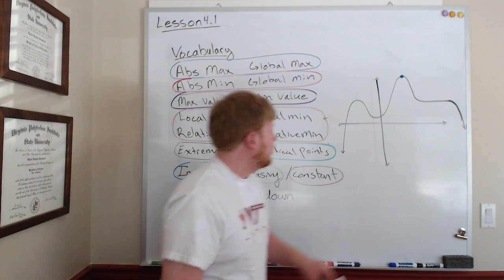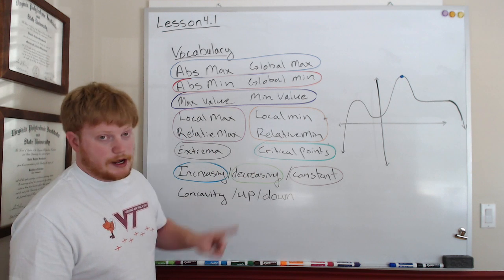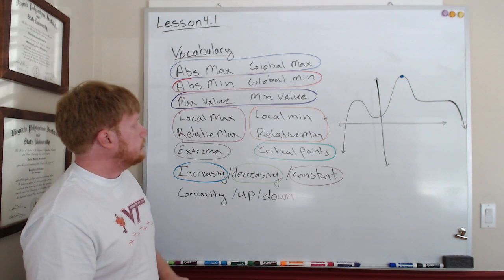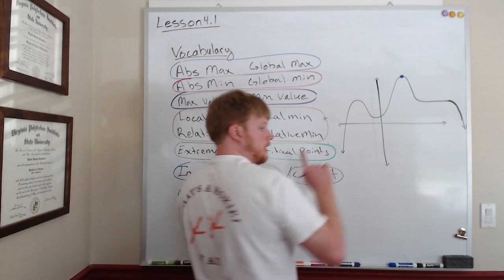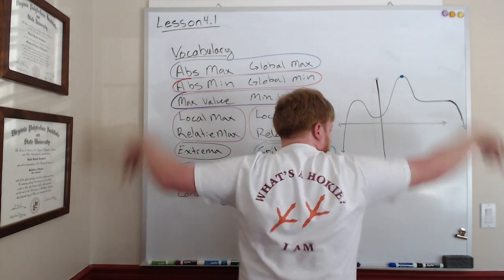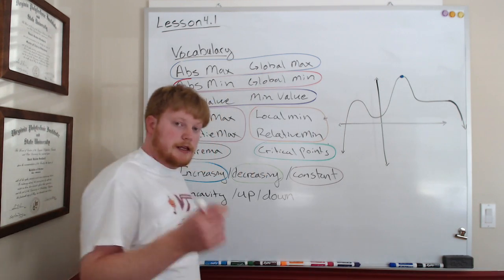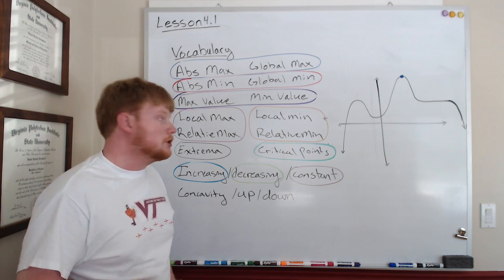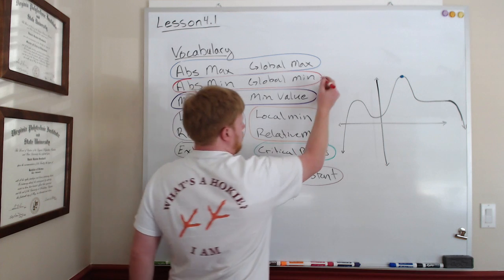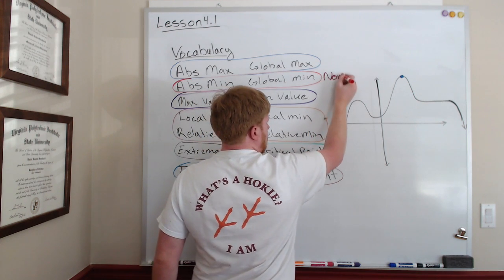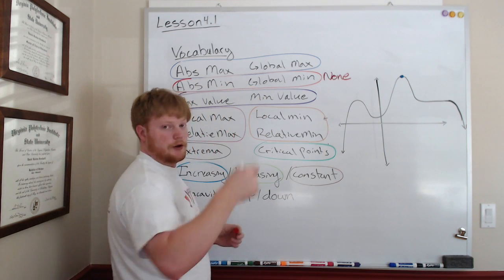Now, in the case of this graph, there is no absolute min or global min. Because if you notice that on either end of the graph, it goes to -infinity. And -infinity is not somewhere we can reach. Therefore, we say there is no absolute min or global min. None on this graph.